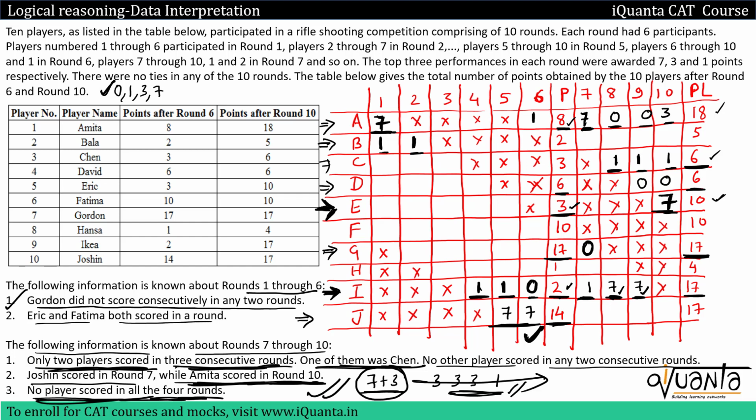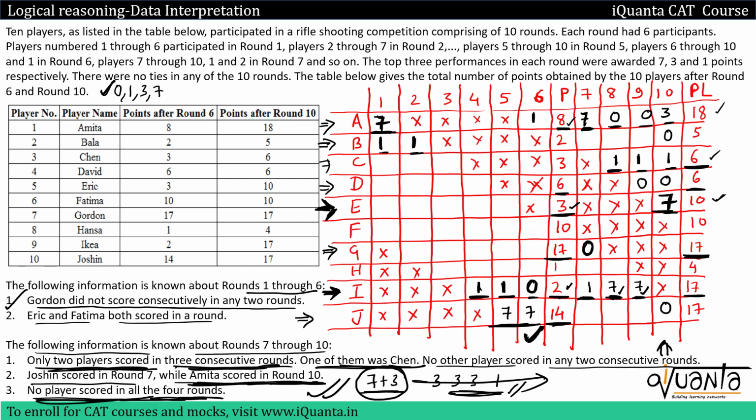As soon as we get scores 1, 3, 7 in a particular column, we'll fill all other remaining spaces with 0. For example, in this column of round number 10 we have got 3, 1, 7. So we will fill all other remaining spaces with 0. So I'll put a 0 over here, a 0 over here, because 0 means we do not need to care about points in those particular spaces.